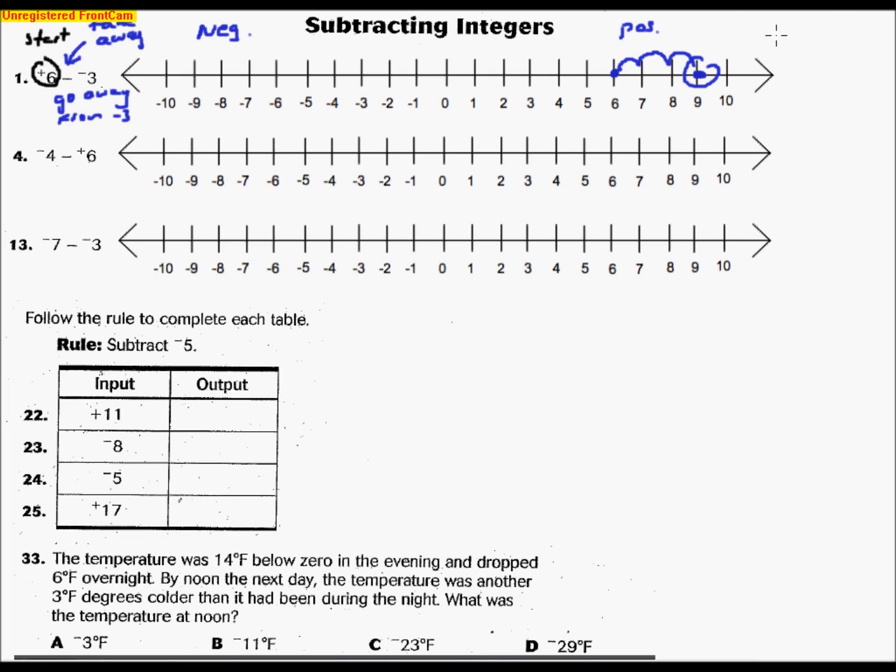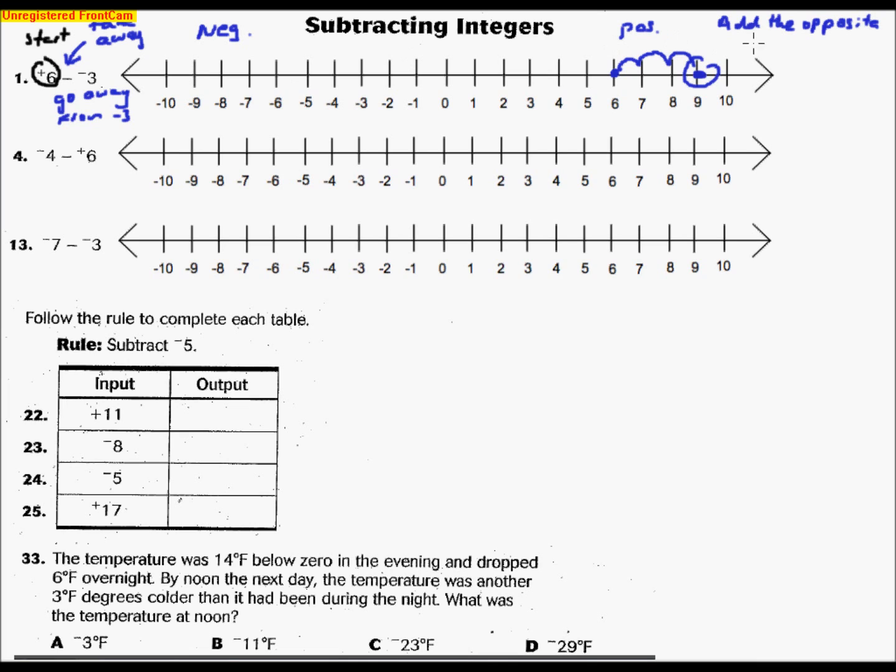A way we can end up doing this is something we call add the opposite. Let's talk about what that means. First of all, what is an opposite? Well, an opposite is the sign that's opposite. For instance, the opposite of 9 is way over here at -9.